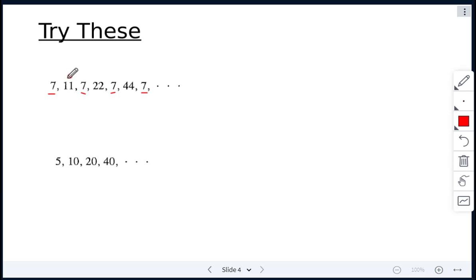But the 11, then 22, then 44, we can say we're multiplying by 2. So now 44 times 2, my next number would be 88. Then don't forget it would be another 7. Then 88 times 2 gives me 176.